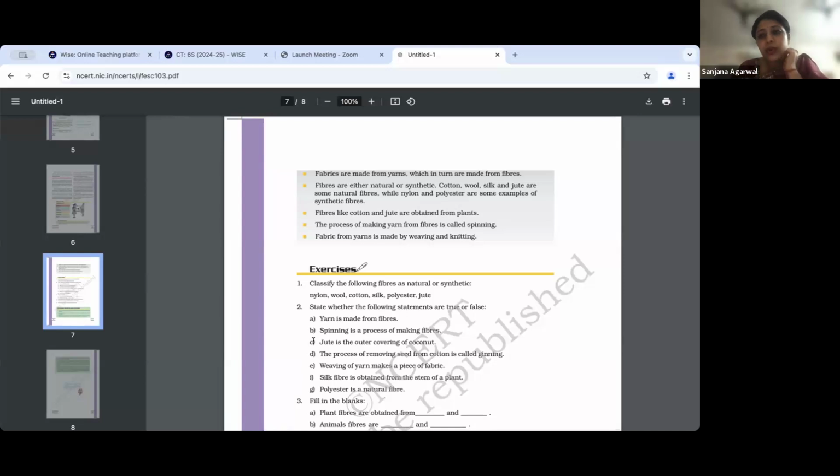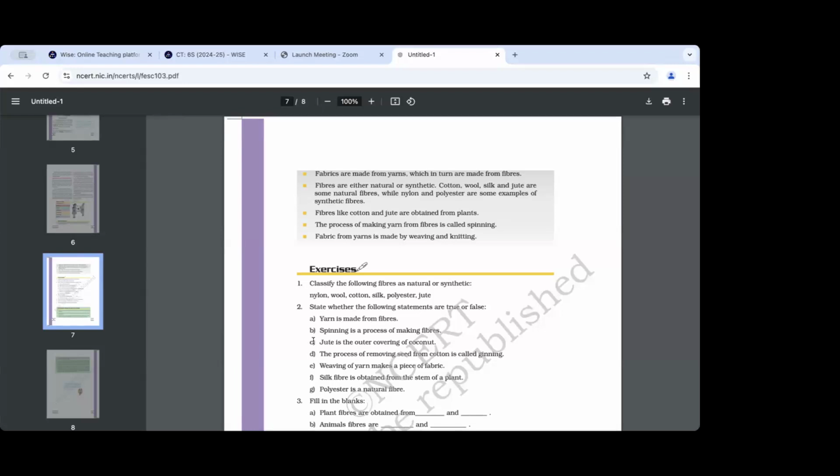Okay, correct. And what is the other method of making a fabric? Knitting. Good. Neha, can you tell the difference between weaving and knitting? Ma'am, weaving is done by three yarns.